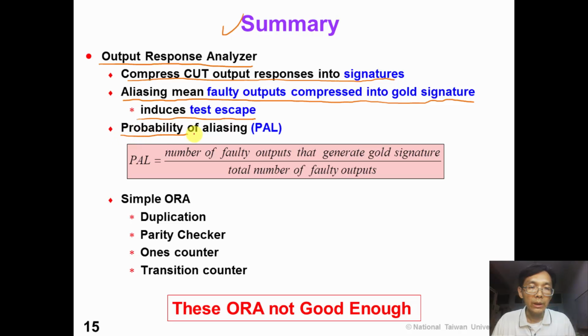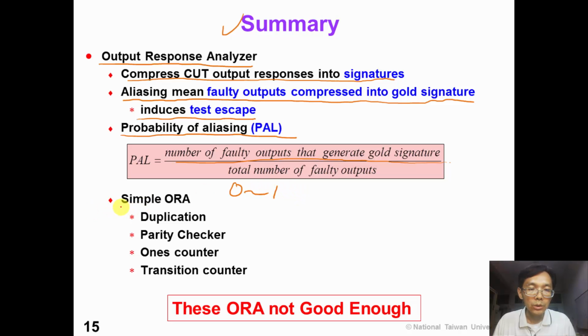We need to calculate the probability of aliasing, which is defined as the number of faulty outputs that generate the good signature over the total number of faulty outputs. The PAL is between 0 and 1. Lower PAL indicates a better ORA.